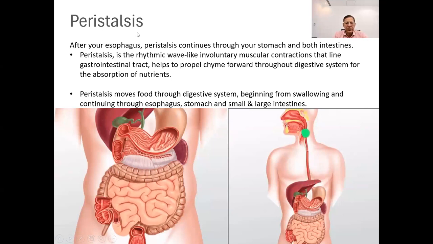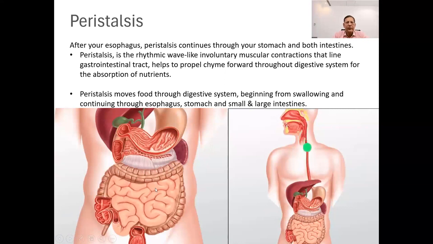So first, look at what peristalsis is. Peristalsis is the muscular, rhythmic movement of involuntary muscle contractions that lines the gastrointestinal tract, that is the esophagus, stomach, small intestine, and large intestine.